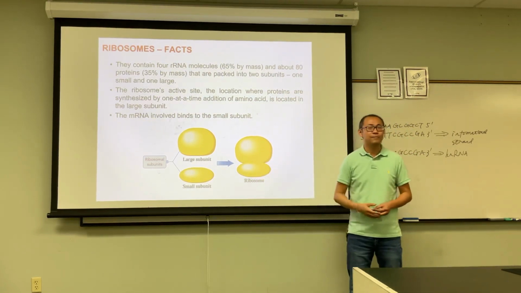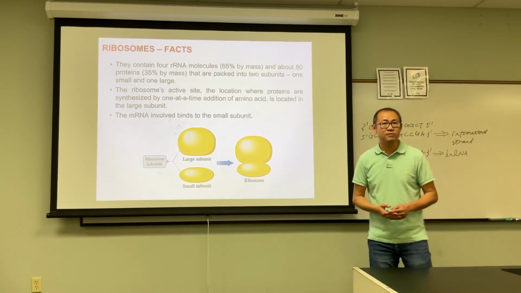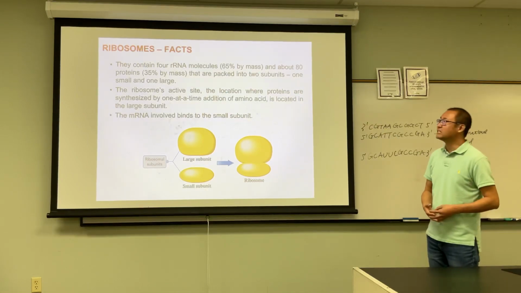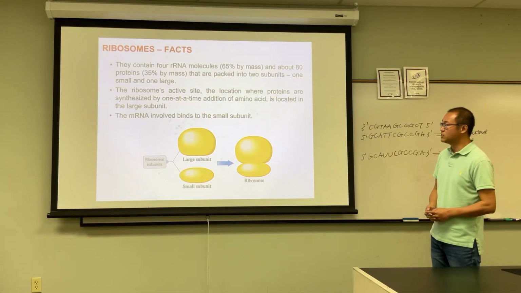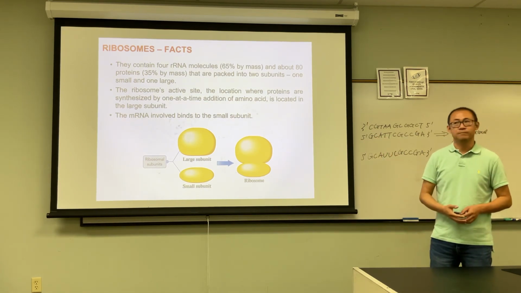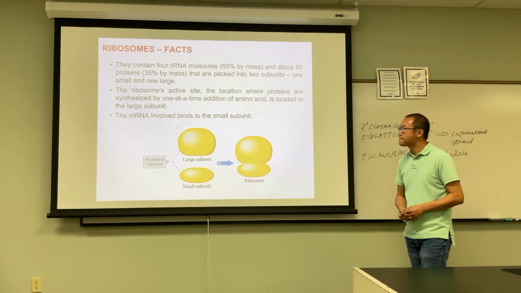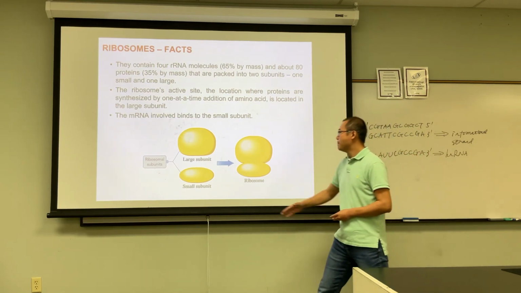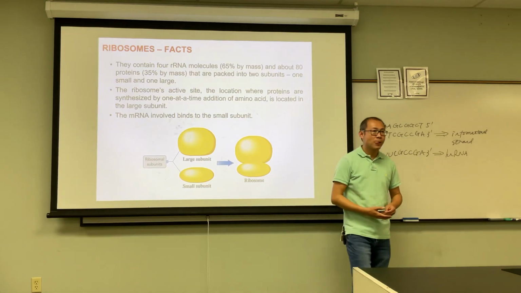In the ribosome. 65% of the ribosome is rRNA. In fact, the active site of this whole factory is located in the large unit, and messenger RNA binds to the small unit.